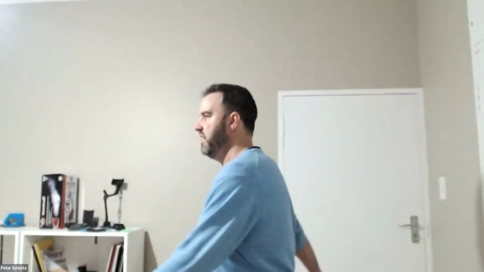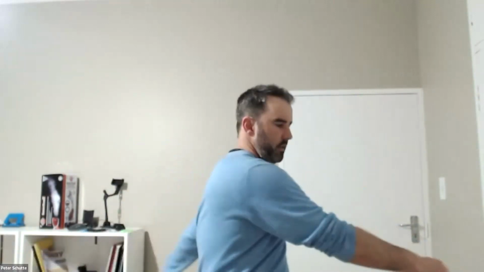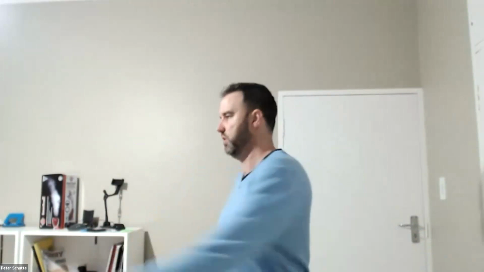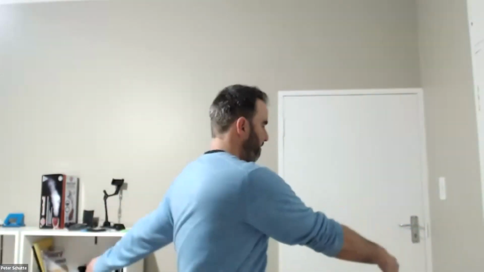And then change your direction. So big circles into small circles. And then let's just do some rotating. So gentle rotation to start with. And then as you relax more, you just start extending yourself.